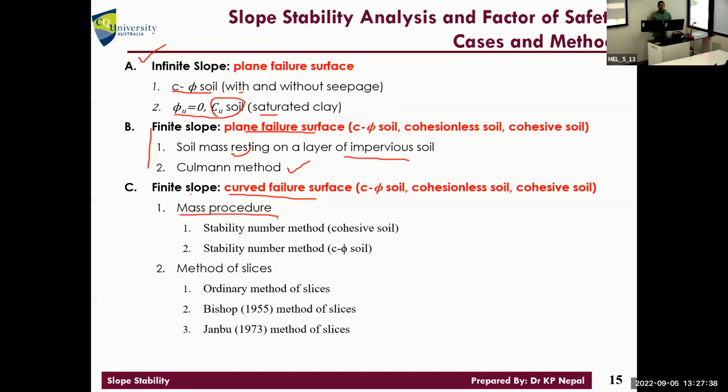The whole block of the failure slope is considered one block, but in the method of slices we divide the slope into different slices. I believe you have done that. Then calculate the stability for each part. These are the cases. Good? So we'll cover only a few of those, not all.